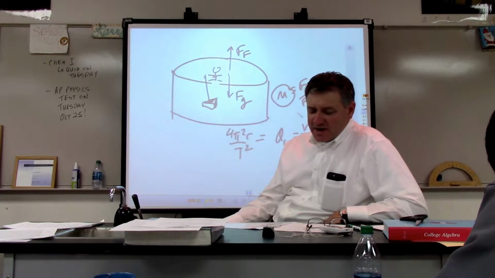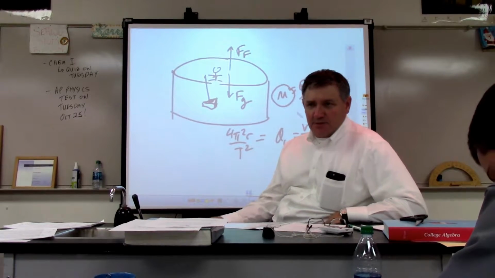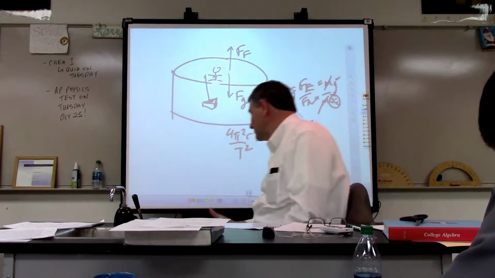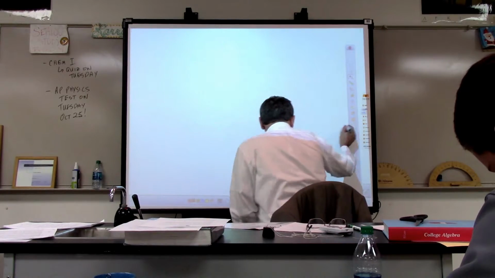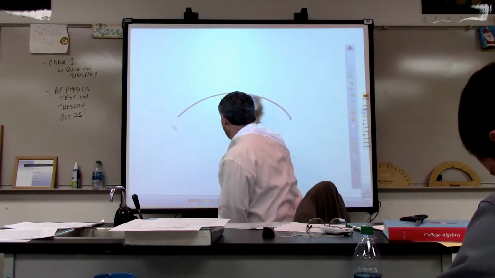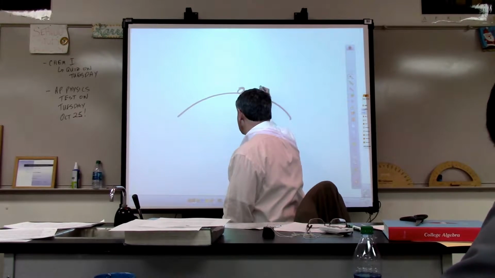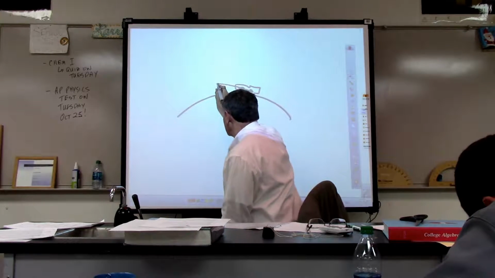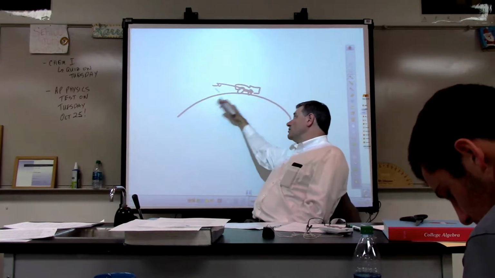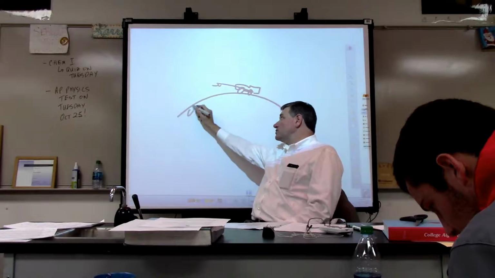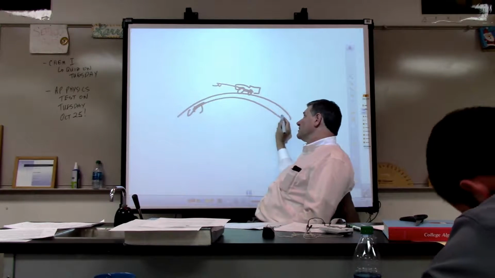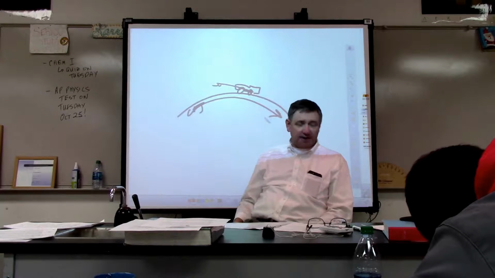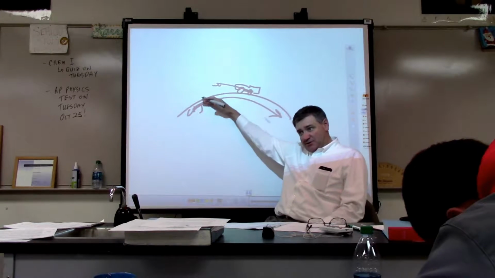Now, technically your answer to number 3 is a negative number, but here's the deal on number 3. Because you're going over the top of the hill, you couldn't take your car and drive it on an inside loop of the track, but you can go over the top of the track.